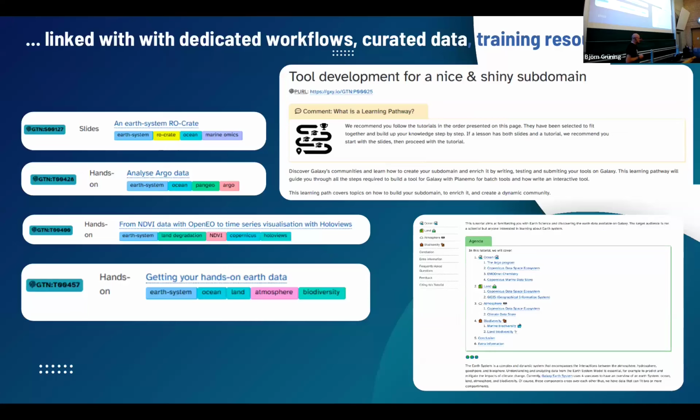And we did. And now we have some training, between 20 or 30 trainings for Earth system. We documented everything we did during the project, how we made the subdomain, how to discover all the data we had, all the tools we had.